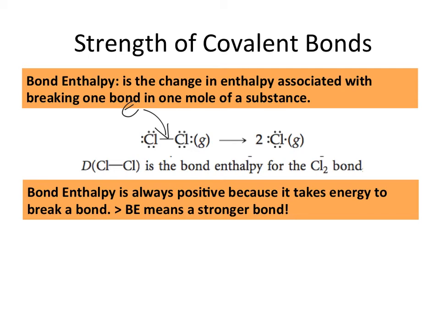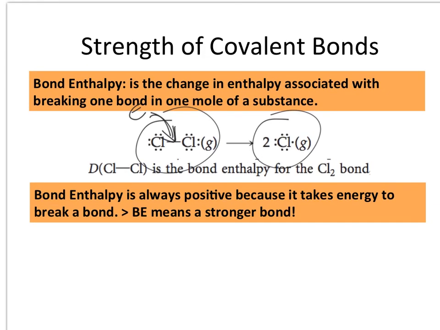We want everything to be quote-unquote happy, or lower in energy. So bonding occurs so that lower energy state can be reached. When we want to disturb that lower energy state, we have to put energy in to return to the higher energy state.